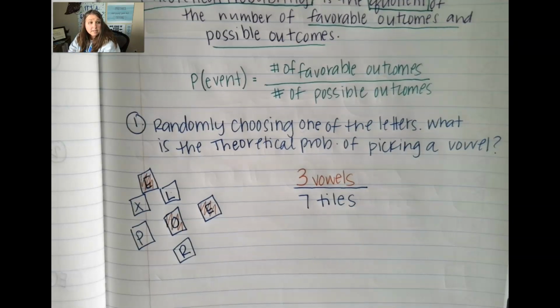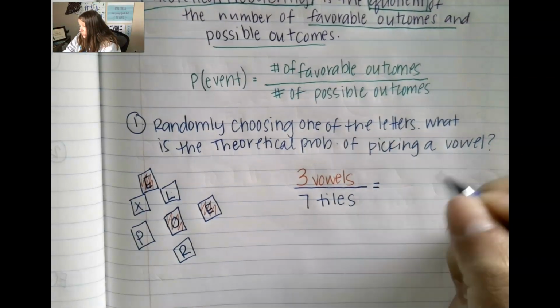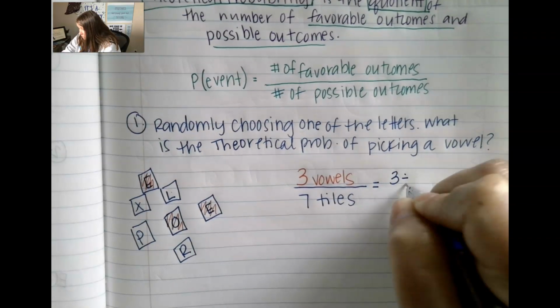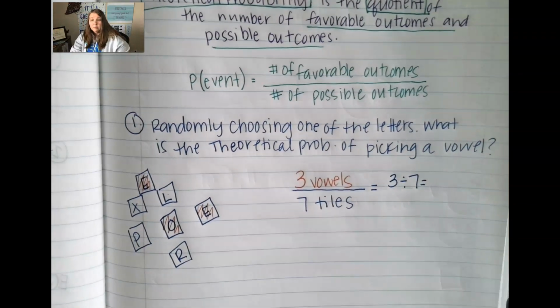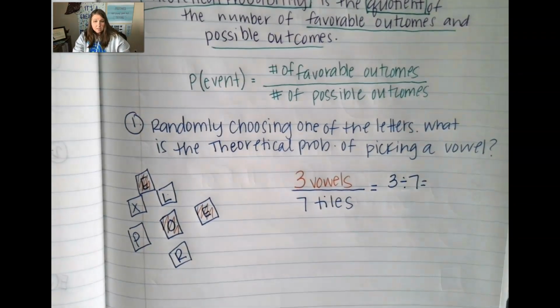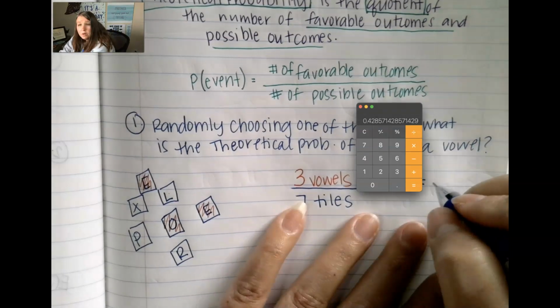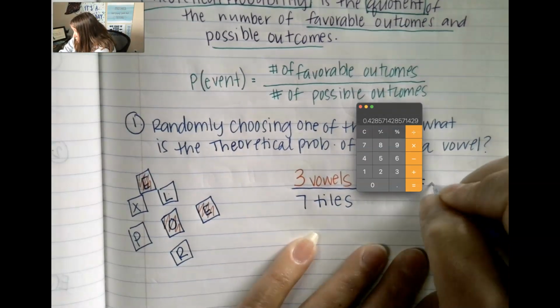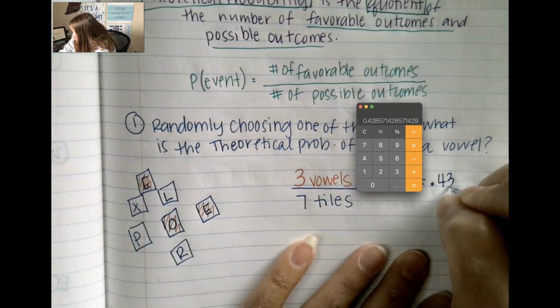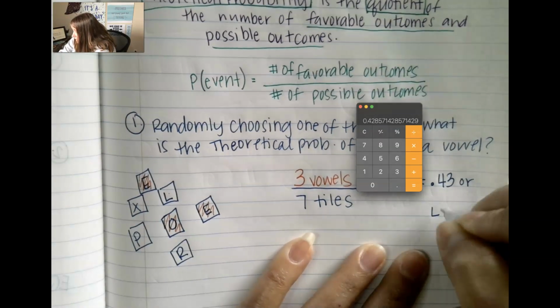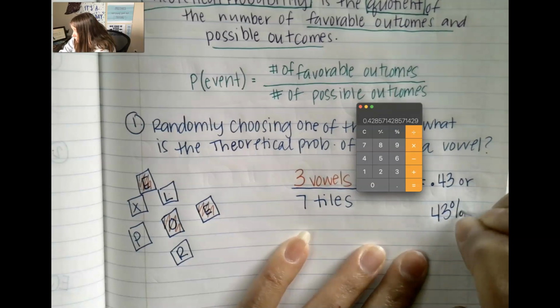So we're going to look and see how do we make this into a percentage. So we're going to take 3 divided by 7. 3 divided by 7 gives us a quotient of 0.428, or we're just going to round up to 0.43, or move our decimal point over twice, 43%.